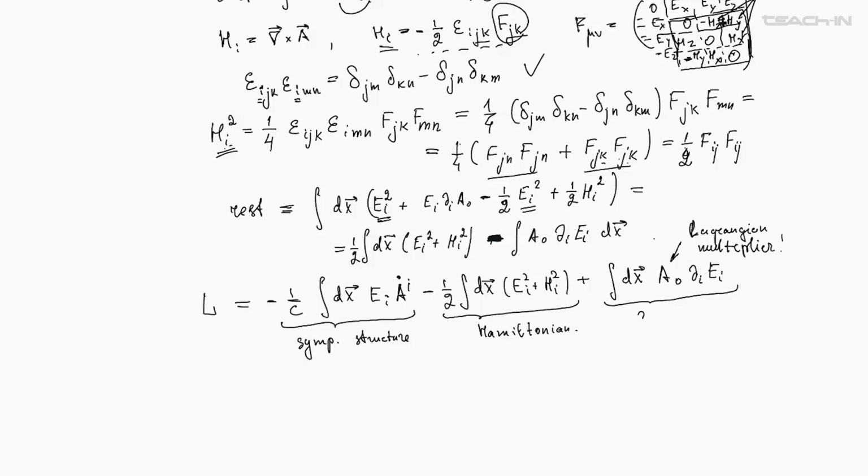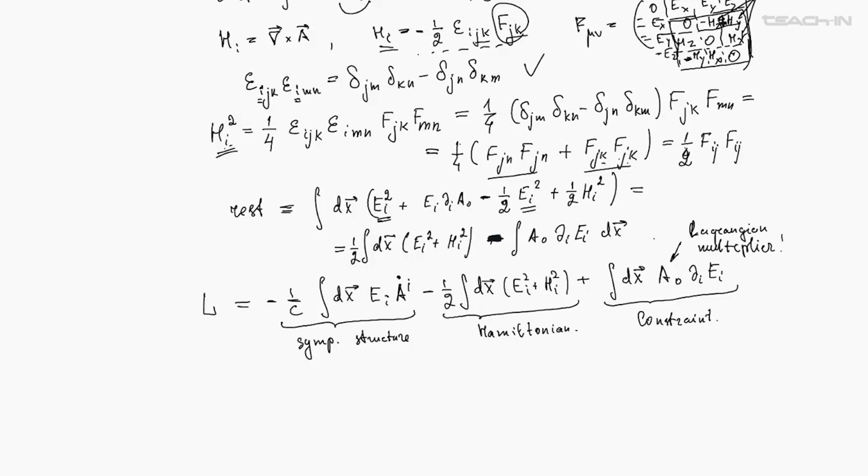What is interesting to point out here is that this term a0 appears without a time derivative on it. There is no time derivative of a0. And this is clear from the original Lagrangian.